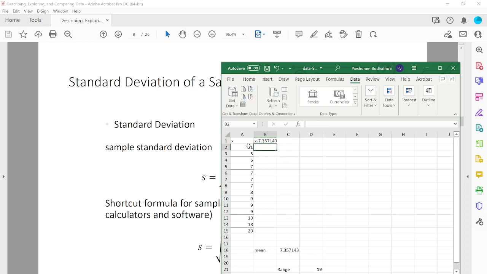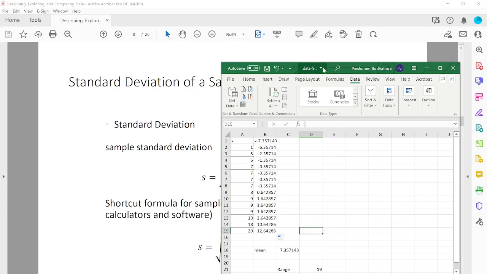Now for finding this, you just take this one minus this value, 7.357143. So it's the difference between the data and the mean value. If I scroll it down here, it's going to calculate for me.